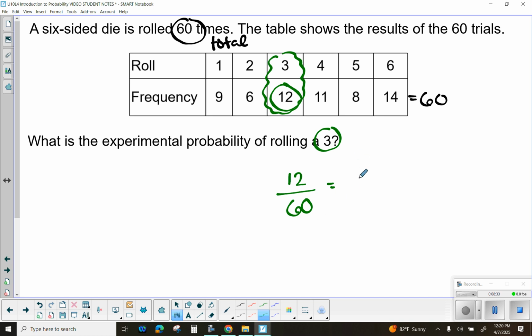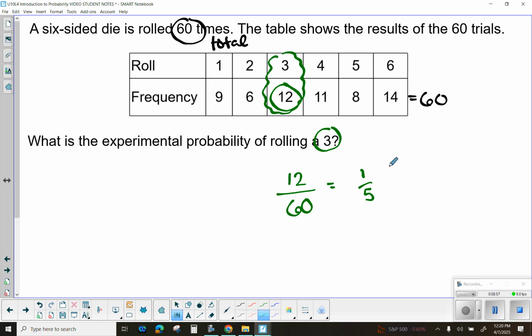We get 1 in 5. Notice that's different than theoretical. That's okay. When you do an experiment, there's things like human error and environmental factors that can change your outcomes. So just because it's different doesn't mean it's wrong.